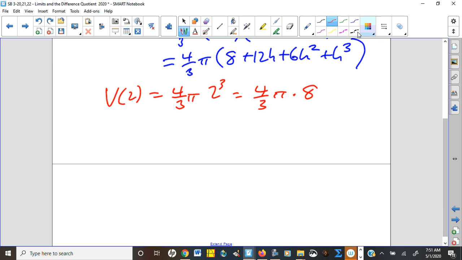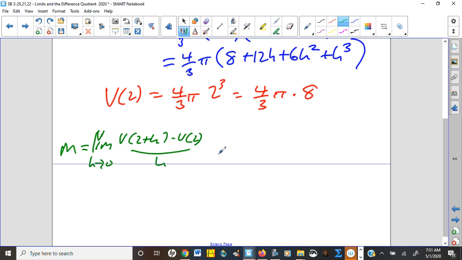We're going to do the difference quotient. So let's just call it the slope or whatever. And we'll do v of, oh, I guess we need to take the limit, don't we? Limit as h goes to 0 of v of 2 plus h minus v of 2 over h. And so I've already worked all this out, so it's a little bit easier.